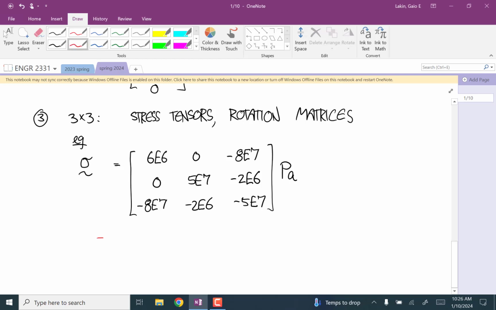One thing to notice for later is stress tensors are always symmetric matrices.